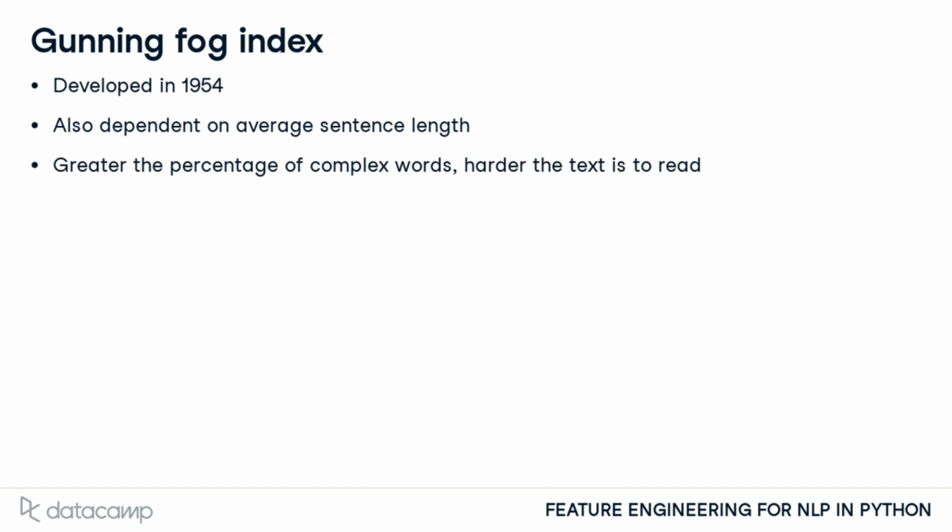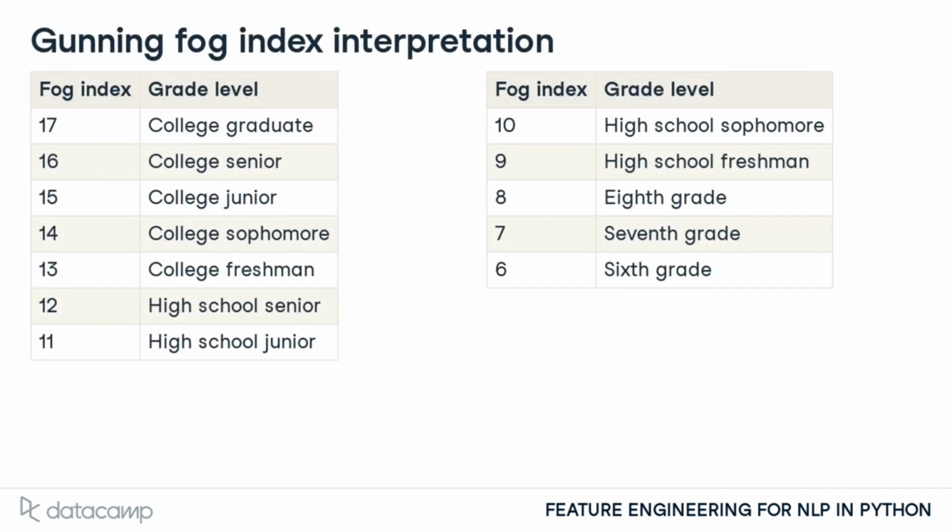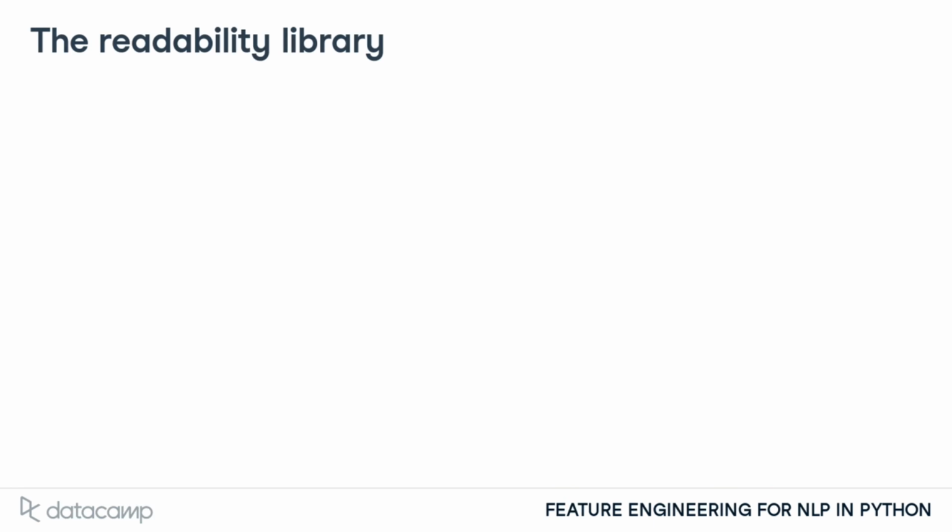Unlike Flesch, the formula for the Gunning Fog index is such that the higher the score, the more difficult the passage is to understand. The index can be interpreted using this table. A score of 6 would indicate 6th grade reading difficulty, whereas a score of 17 would indicate college graduate level reading difficulty. We can conduct these tests in Python using the Readability Metrics library.